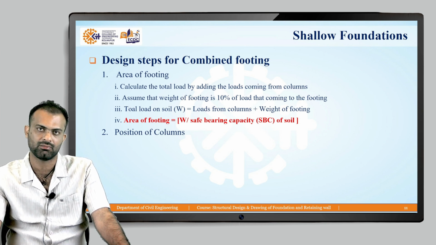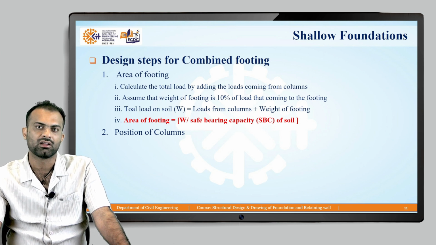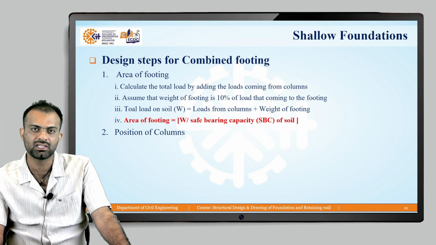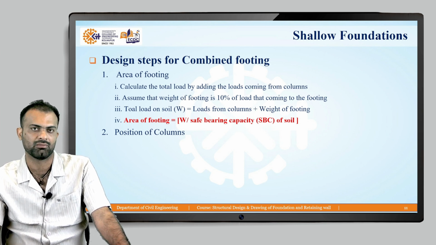The basic aim in designing the combined footing is that the footing must experience uniform pressure from the soil. To get uniform pressure at the junction of soil and foundation, the CG of the footing must coincide with the CG of the loads from the columns.